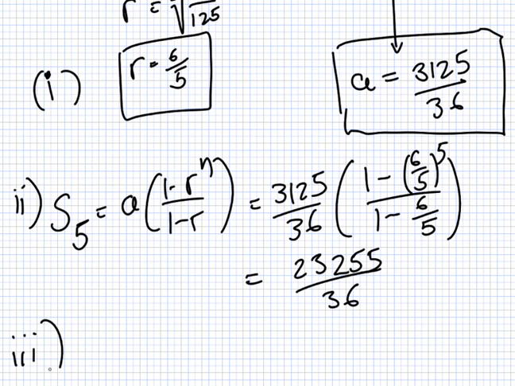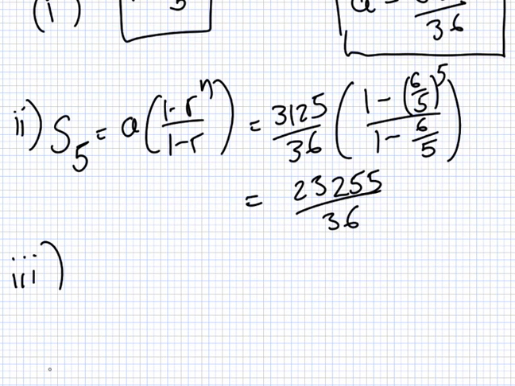You're right, the sequence is increasing because of what? What's making it increase? The r. What's the value of r? 6 over 5. So when you multiply a number by 6 over 5, does it get bigger or smaller? Bigger. And if you keep doing this, it's going to diverge, go to infinity, yeah? So the answer is just this.